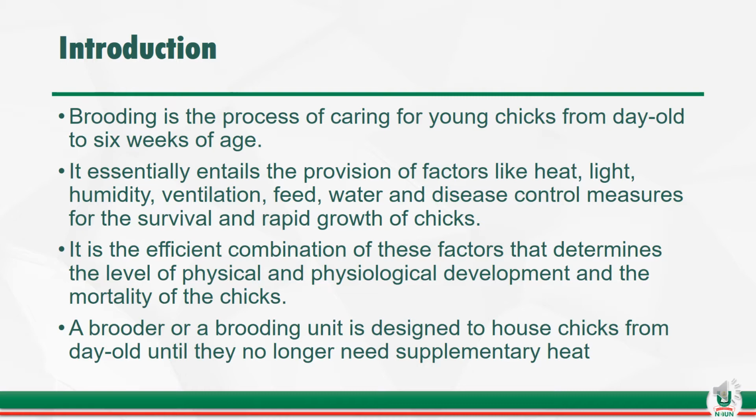It is the efficient combination of these factors that determines the level of the physical and physiological development and the mortality rate you will record during your brooding process. Now, what is a brooder or a brooding unit? That is a device that is designed to house chicks from day old until they no longer need supplementary heat.